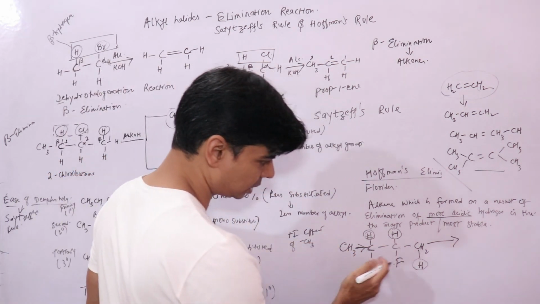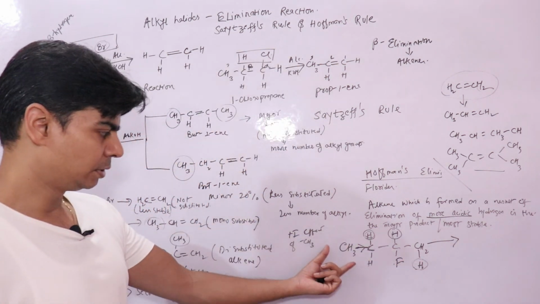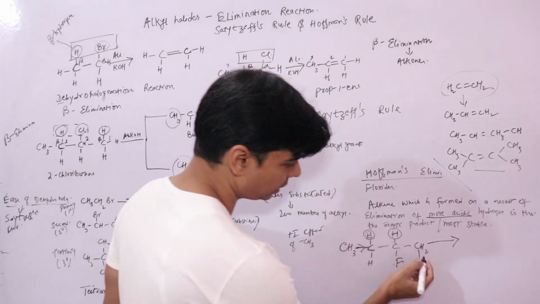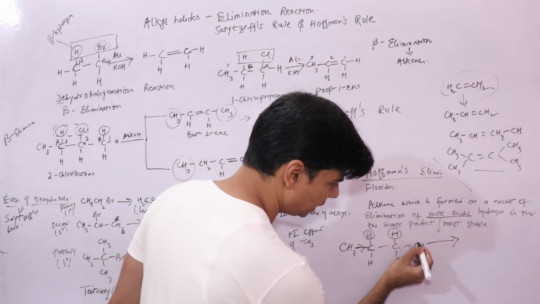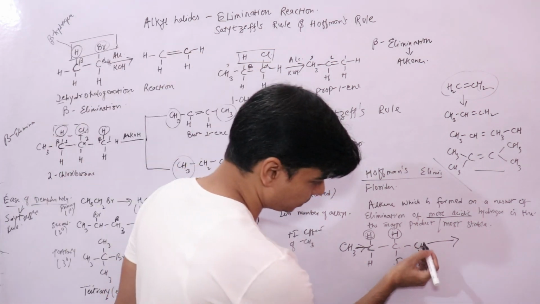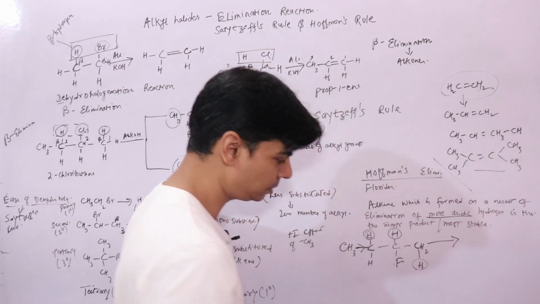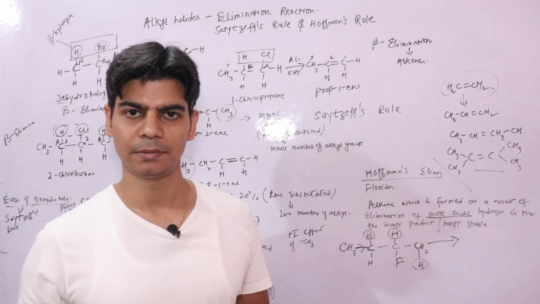So this inductive effect decreases as you move away from the electron releasing group. So here the inductive effect of the methyl group would be minimum. So this carbon atom has less electron density, and from this carbon atom, this hydrogen atom can be removed most easily.